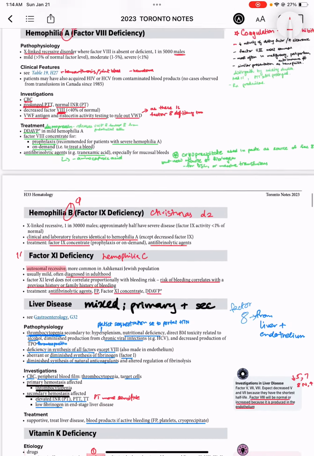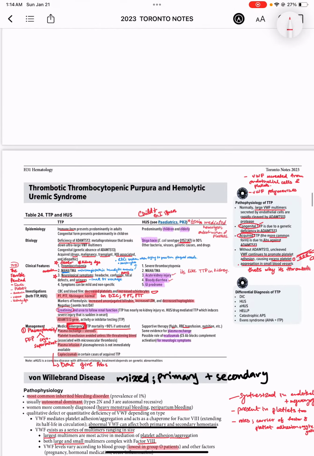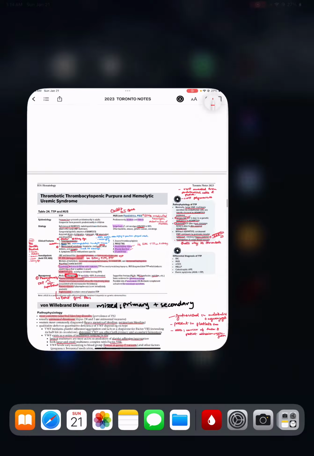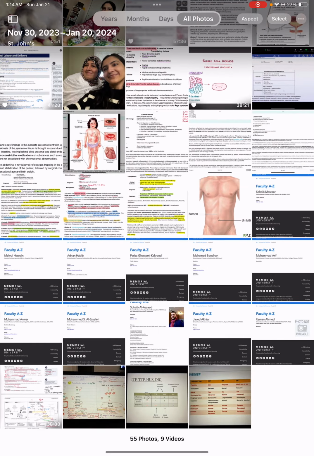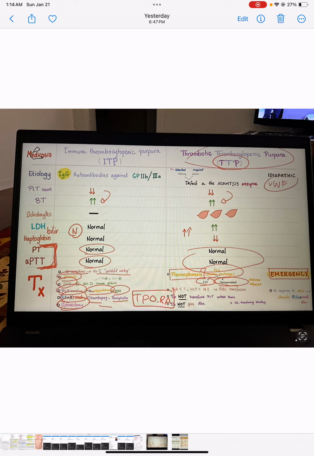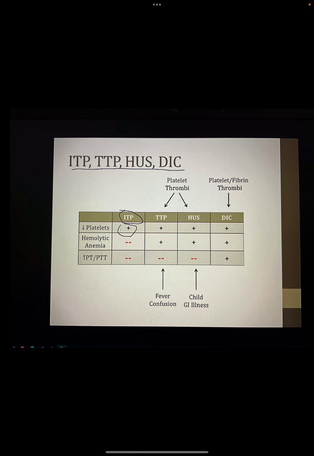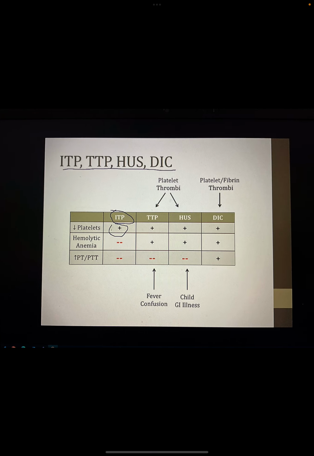We got done with ITP, TTP, HUS and DIC. I have a quick picture for that right here. First, I'll go over ITP, TTP, HUS, and DIC. So ITP, which we talked about, was idiopathic.